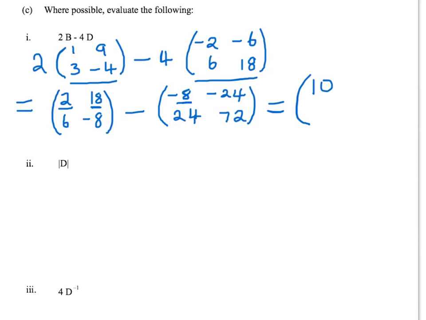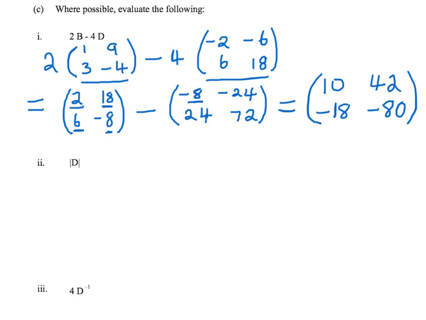So 18 plus 24 will give me 42. The next entry is 6 down here in the second row, first column. 6 minus 24 is going to give me minus 18. And lastly, minus 8 minus 72 is going to give me minus 80.